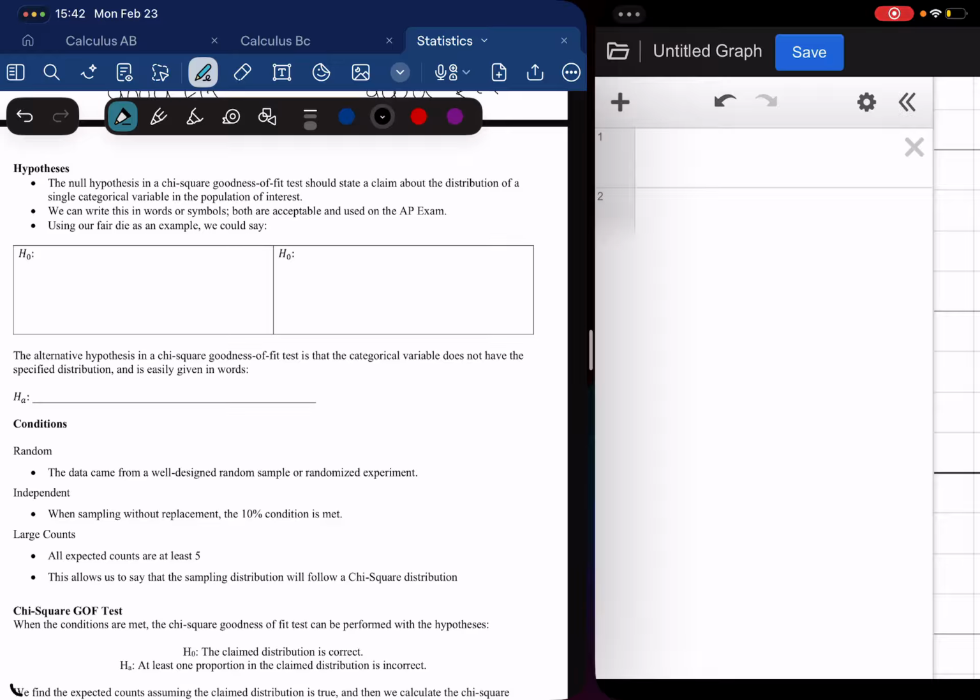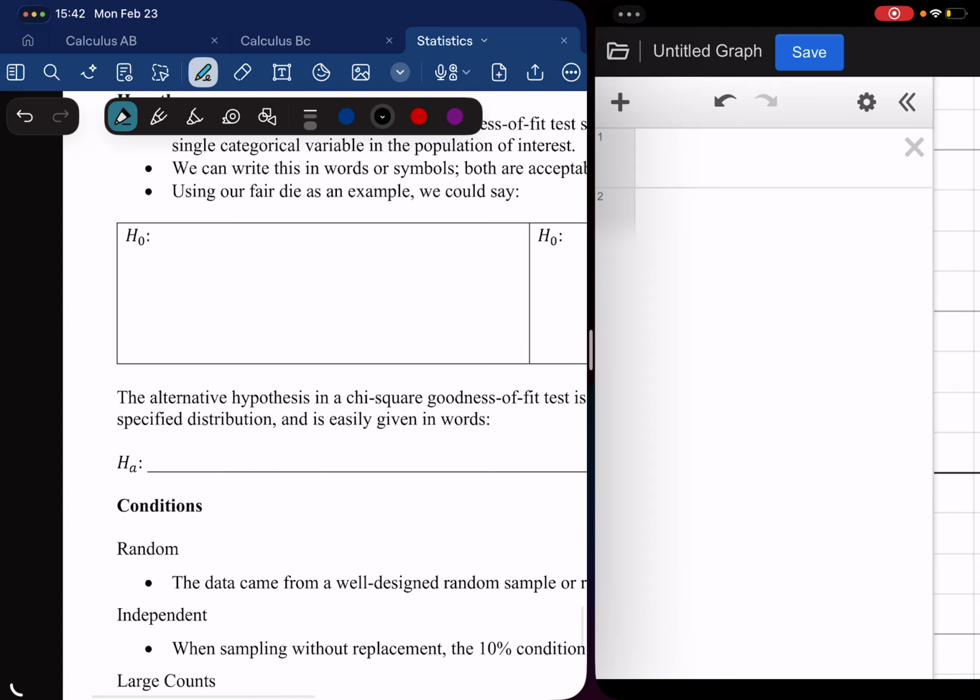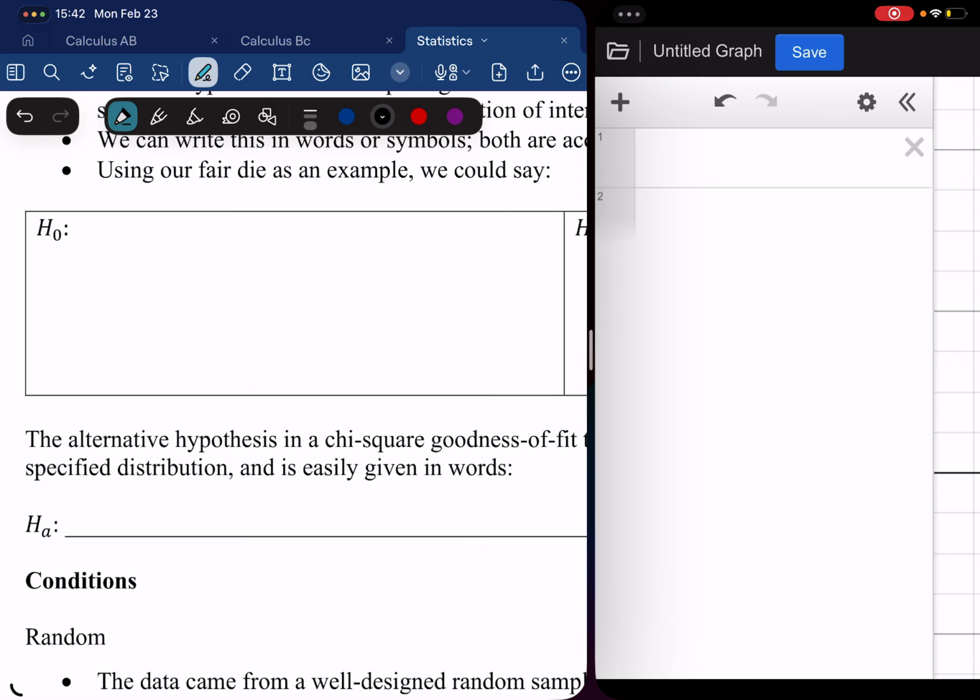So in these notes, we're talking specifically about chi-squared goodness of fit test, GOF test. It says when the conditions are met, the chi-squared goodness of fit test can be performed with the hypotheses. So either that the null hypothesis states the claimed distribution is correct, and the alternative saying that one of them is incorrect.